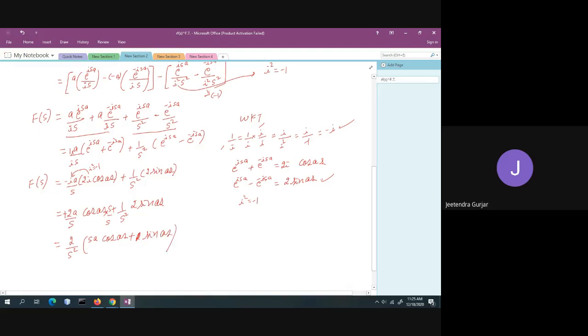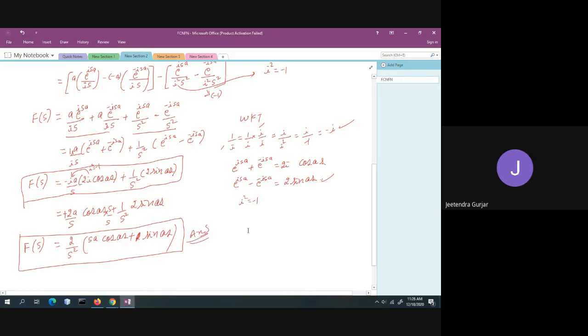If it is required, you can simplify. Otherwise, you can take this as the answer. Is it clear, students? Both are correct, no problem. You can take this, otherwise after simplification you can take it like this. This is our answer, students. So both are right, no problem. Is it clear? Any doubt, students?